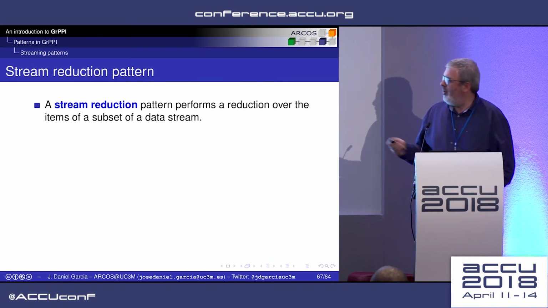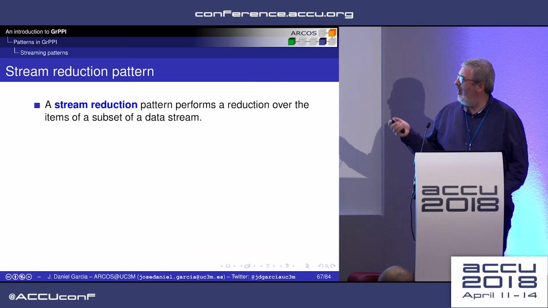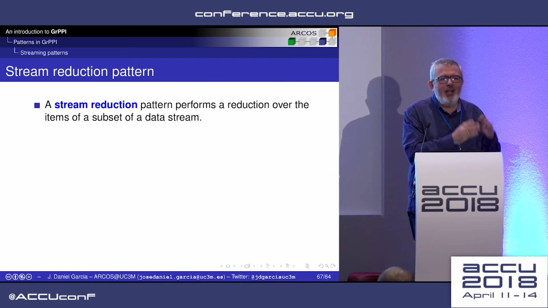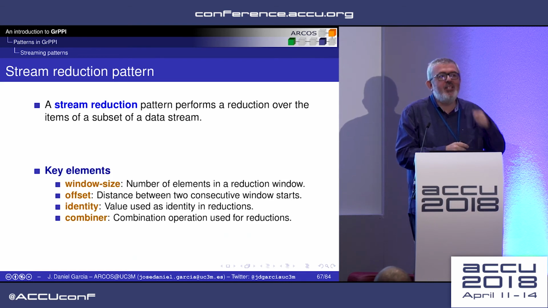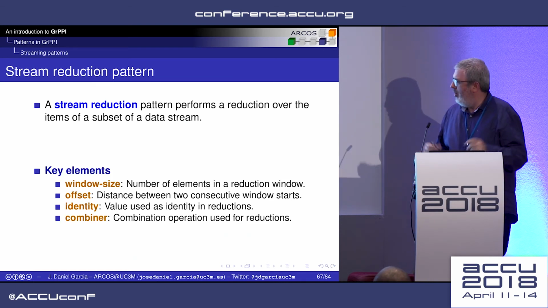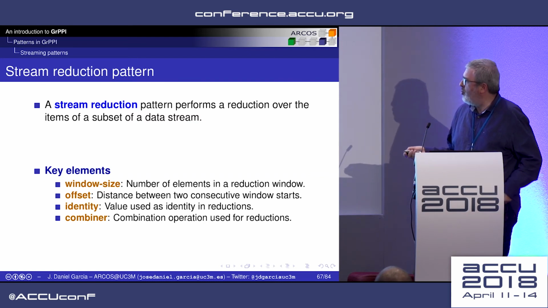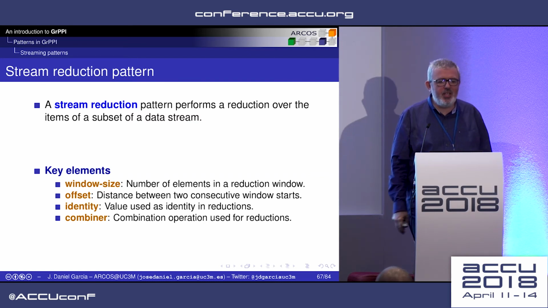For this, we have these reductions that take a window size and also an offset, which says after how many elements I start a new window. In this way, we allow both non-overlapping windows and overlapping windows. And then, of course, we have an identity because it's a reduction operation, and we have a combiner.